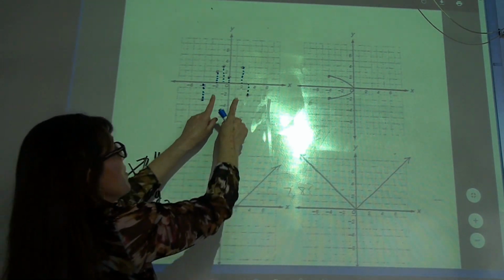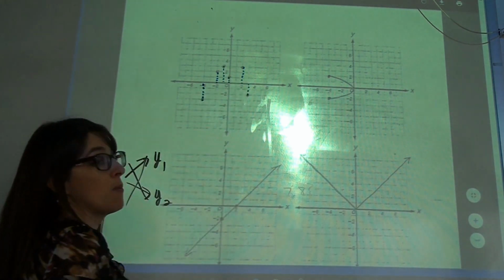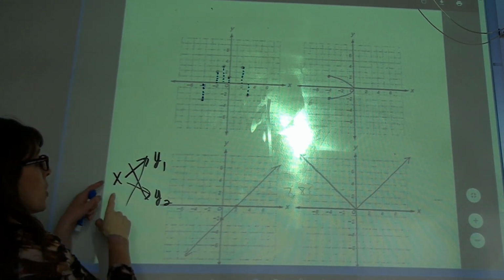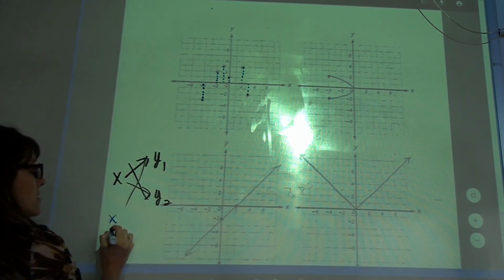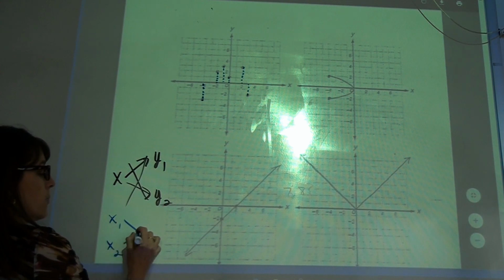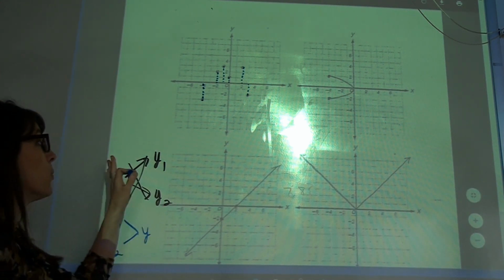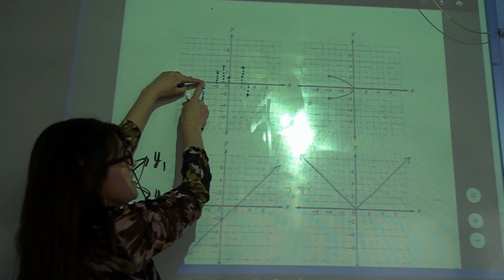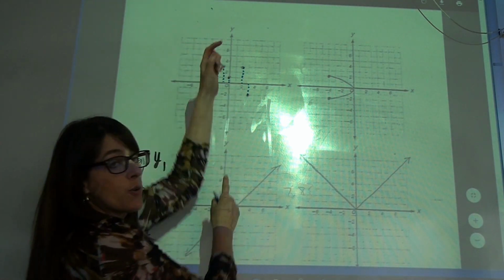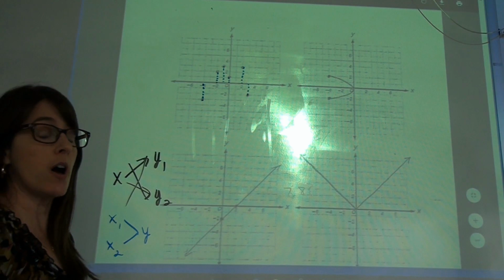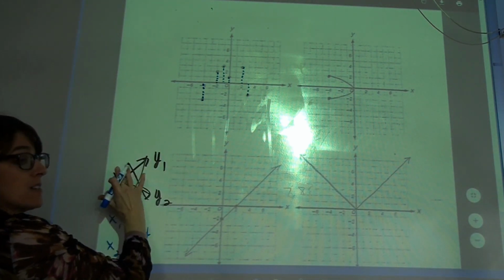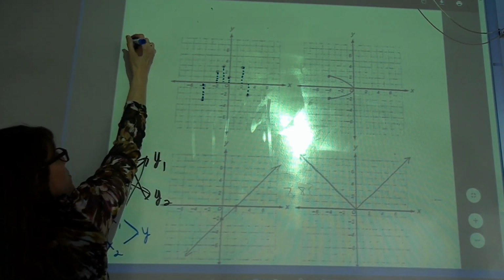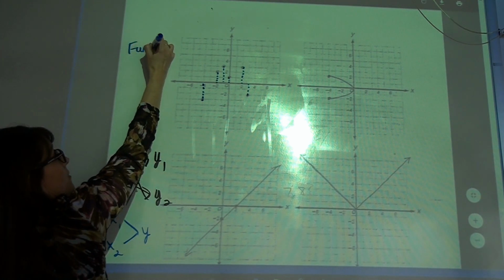Now, granted, these two x values came to the same y value, but it's okay to have two different x's going to the same y. That's not a problem. I don't want the same x going to two different y's. So do I have any situation where any of these x's are going out to two different y's? No, I do not. So yes, this picture definitely is a function.